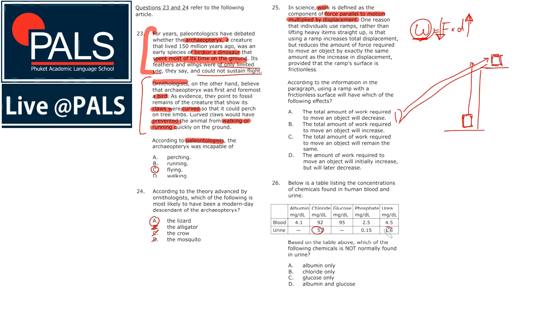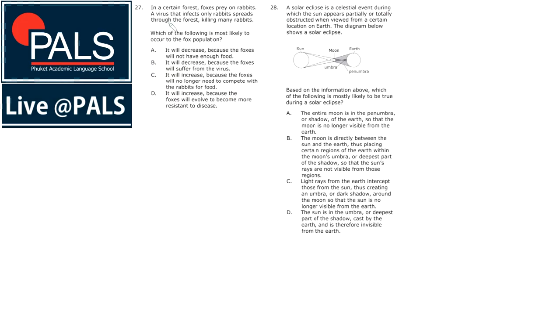So chloride and urea and some phosphate. Based on the table above, which of the following chemicals is not normally found in urine? So that's either glucose or albumin: albumin only, chloride only, glucose only, albumin and glucose. Yes, albumin and glucose.